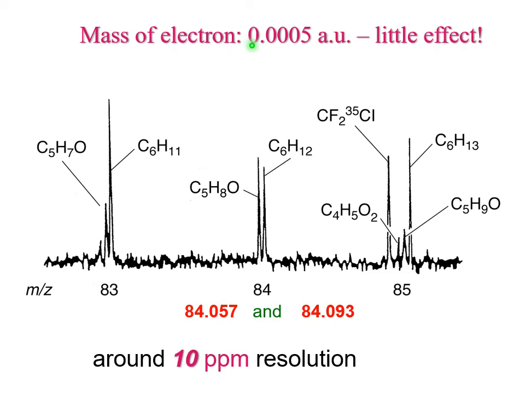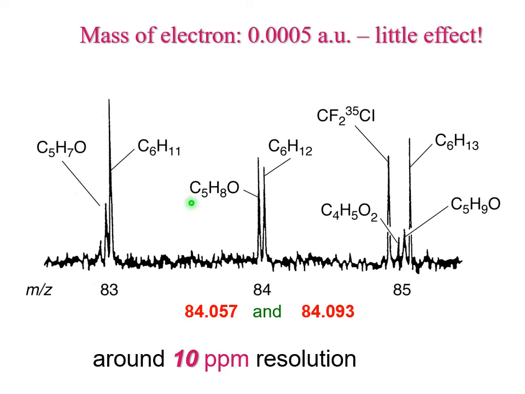Keep in mind that the mass of an electron is very small and can be conveniently forgotten in this case, so we do not care what the charge of this particle is. In this case, the resolution is around 10 ppm, 100 times better, and we can see differences between masses coming from different atoms.